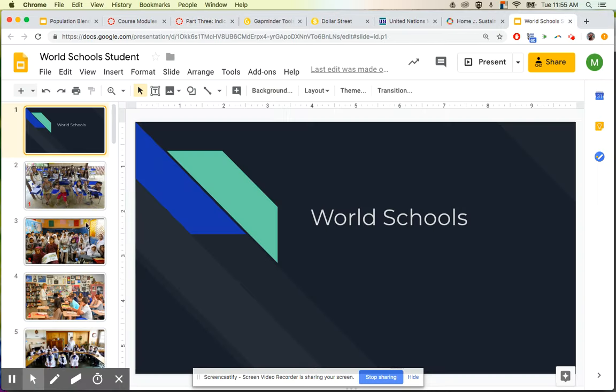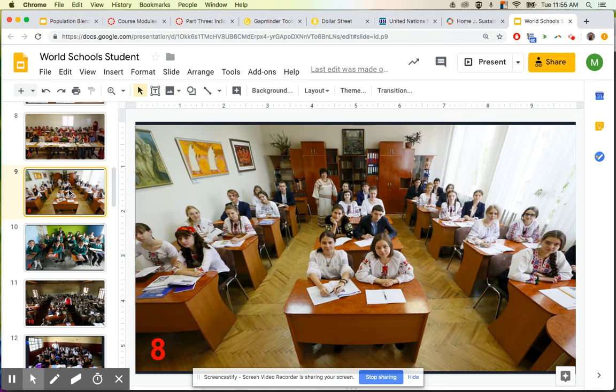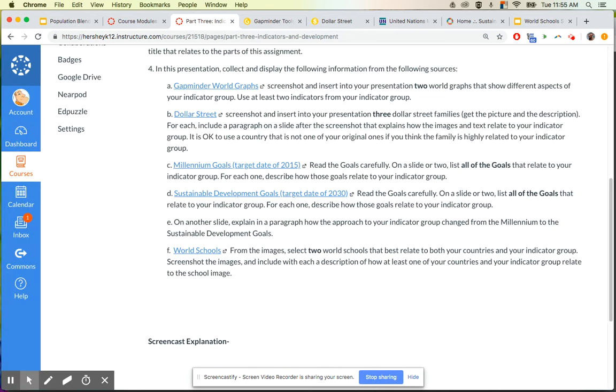So you get this presentation. You have no idea really where these places are. Take a careful look at these different classrooms and try to make an educated guess as to where you actually think they are. Select any of them just by screenshotting or copying or saving the picture.